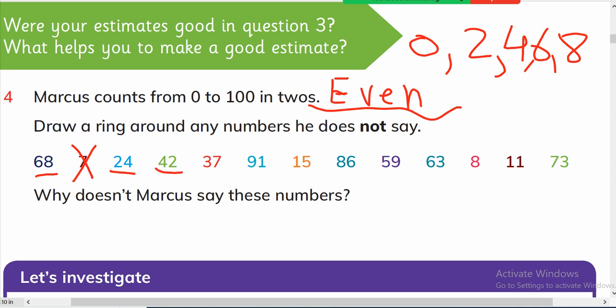So Marcus said this. Marcus doesn't say 37. He doesn't say 91.